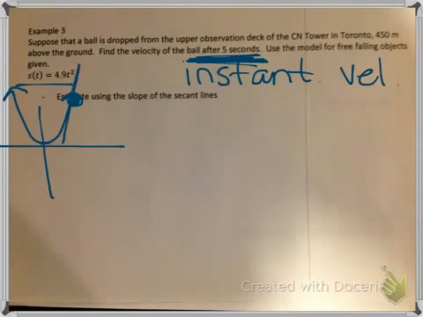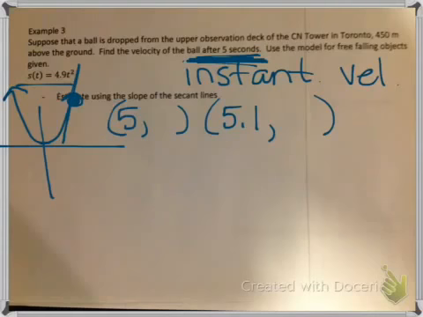So what we would do is we'd find the slope between the points, when x is 5, and 5.1. Those 2 points. How do I get the y value? Plug 5 into the equation to get the y value, and I would plug 5.1 into the equation to get this y value.